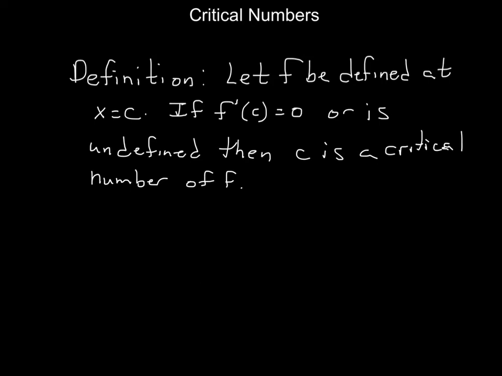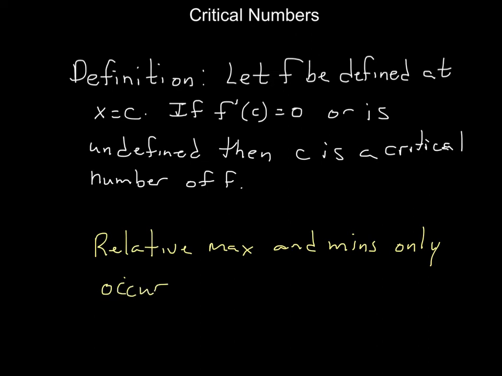So, relative max and mins only occur at critical numbers. So that's why the critical numbers are so important, because if I'm going to locate where we have a relative max or min, that's where they're going to happen.